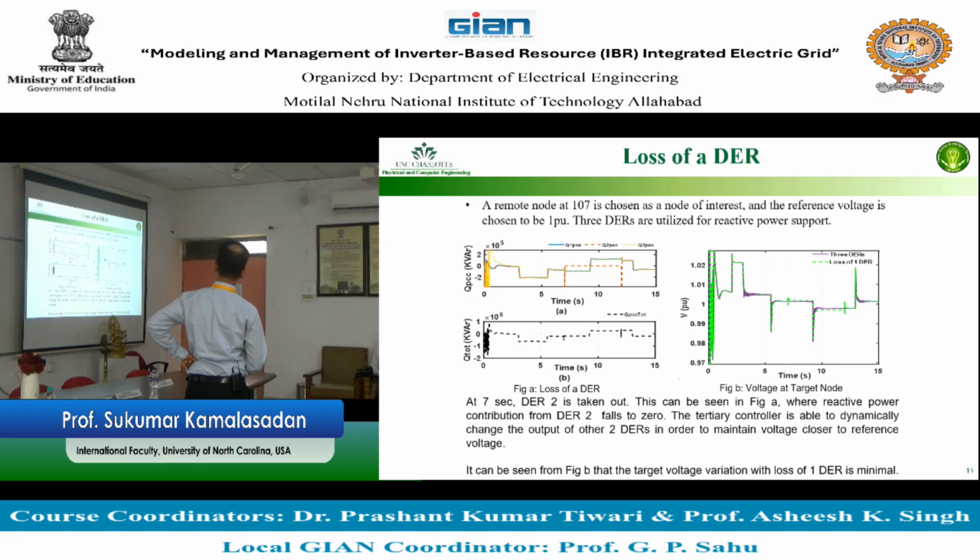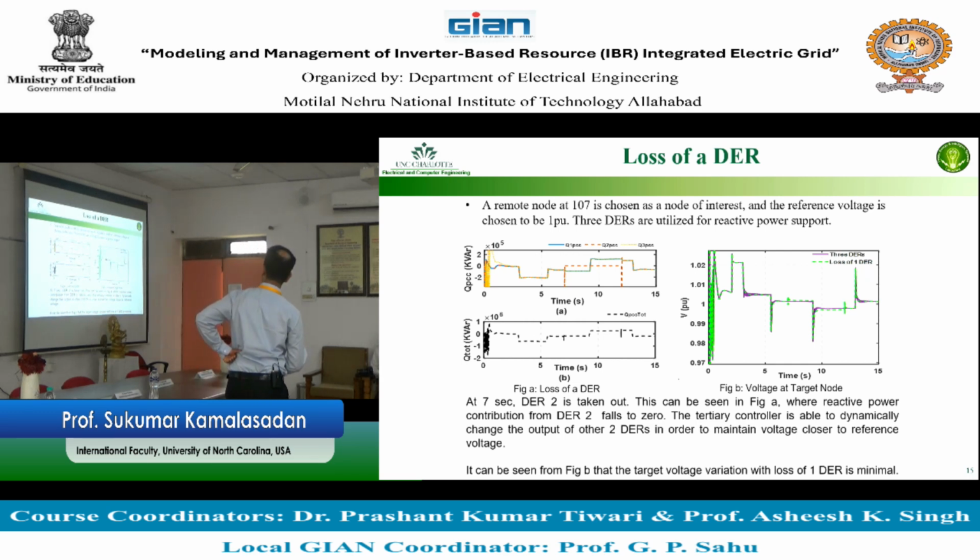So you can see this Q2, QCC, that DER's reactive power is going back to 0, which means that guy is off. It's gone. So that going out means what? The other 2 DERs have to maintain the voltage. So at 7 seconds, that DER is going out. It goes like this. And then your other 2 DERs are maintaining.